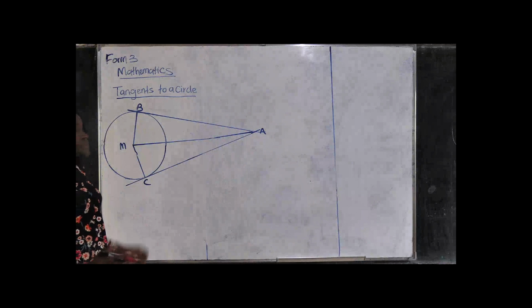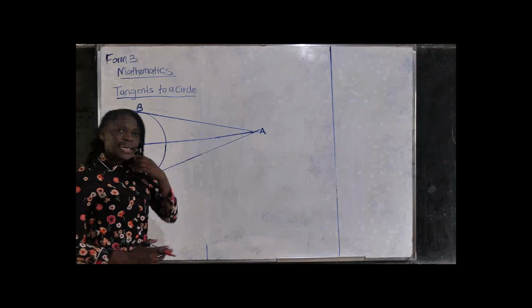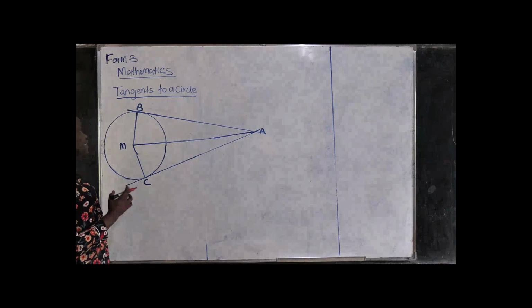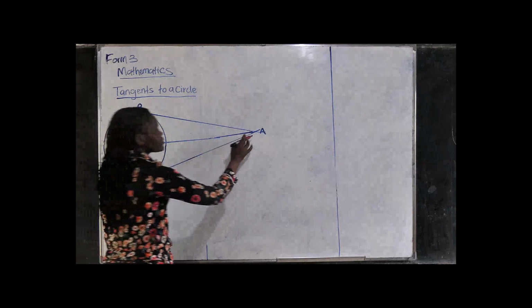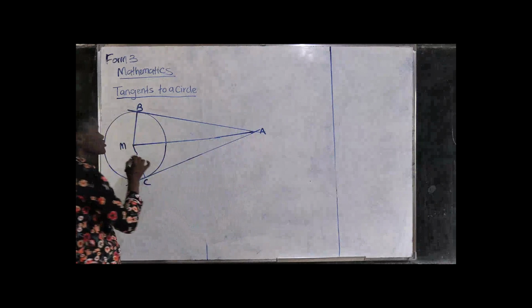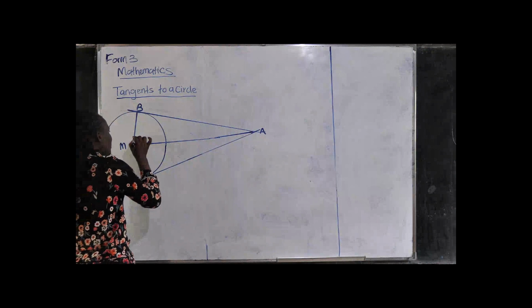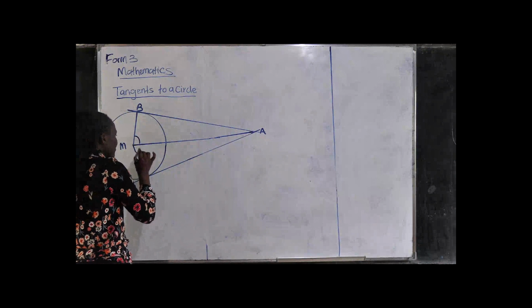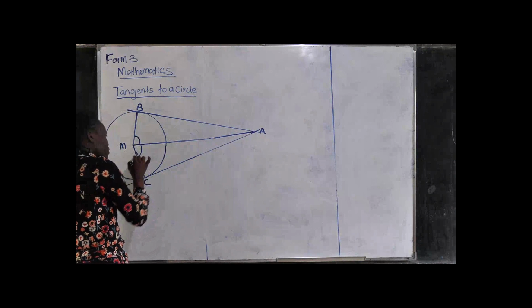This line bisects the angle. It divides this angle into two, meaning this angle and this angle are equal.